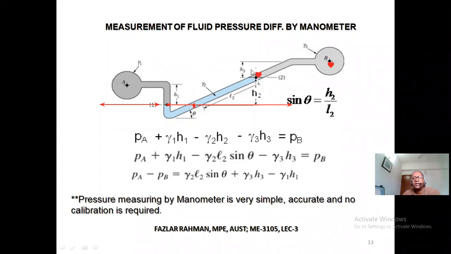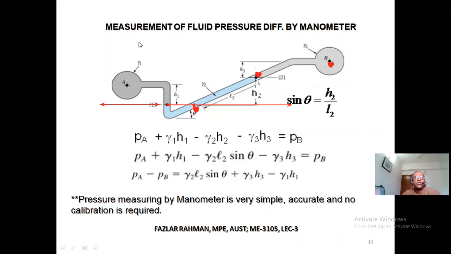H3. And the vertical height from point 2 to this point, how can you figure out? L2 is given, the length is given, the angle theta is given. So you can use the triangle law, sine theta equals H2 by L2. So from there you figure out the H2.